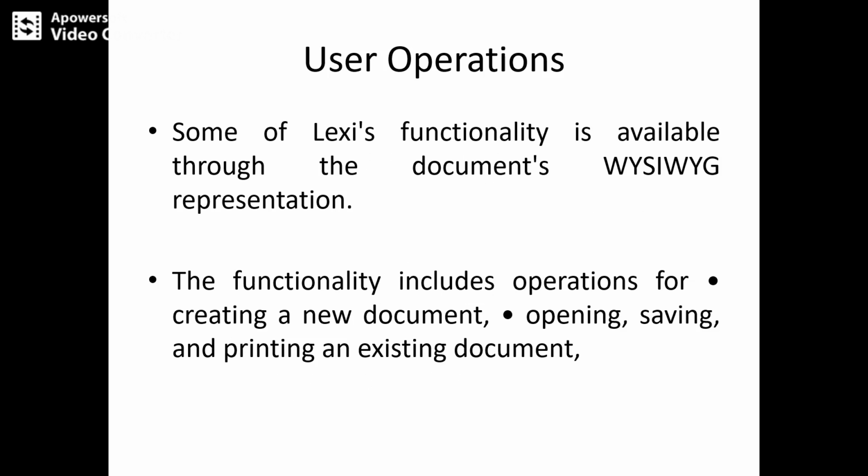The next one is, in the legacy design problem, user operations. Some of the legacy functionality is available through the document's WYSIWYG representation. Here, whenever you enter and delete text, move the insertion point, or select a range of text by pointing to a particular point and clicking, or type directly inside the document applications.